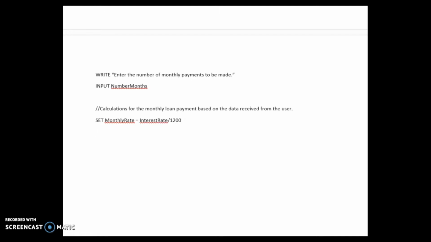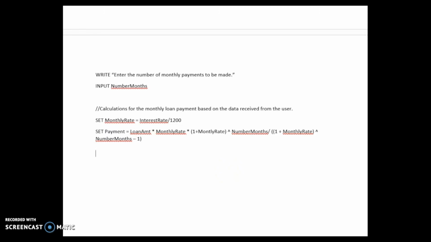That's the math part of this. I need to set the payment to the loan amount times the monthly rate times, and then the parenthesis, 1 plus monthly rate, to the power of negative number of months, and then finish out the rest of the calculation. You could just copy and paste the calculation you were given.